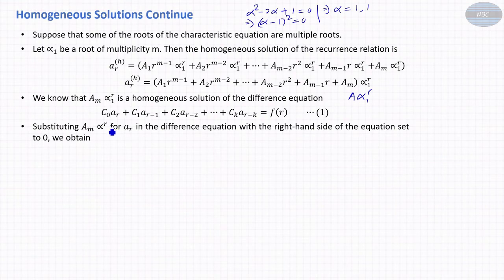Substituting Am alpha to the power r for a_r in the difference equation with the right hand side of the equation set to 0, we obtain: in place of a_r we substitute Am alpha to the power r, in place of a_(r minus 1) we substitute Am alpha to the power r minus 1, and so on. So it can be written as c0 Am alpha to the power r plus c1 Am alpha to the power r minus 1, similarly ck into Am alpha to the power r minus k is equal to 0.